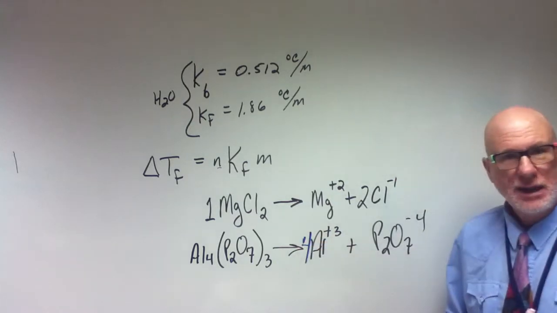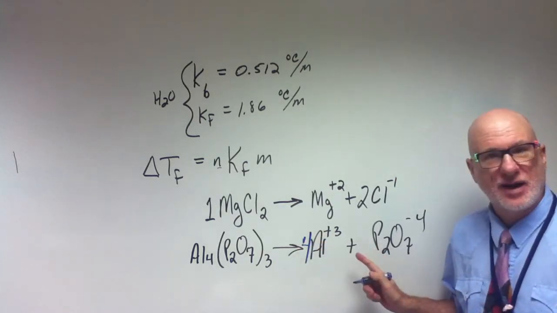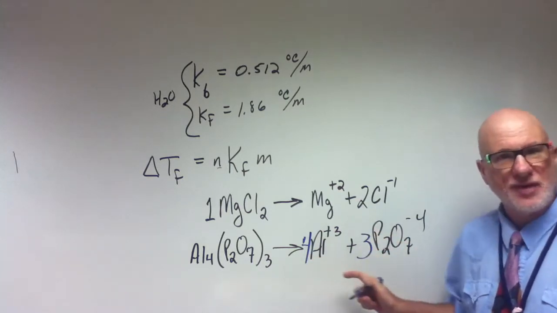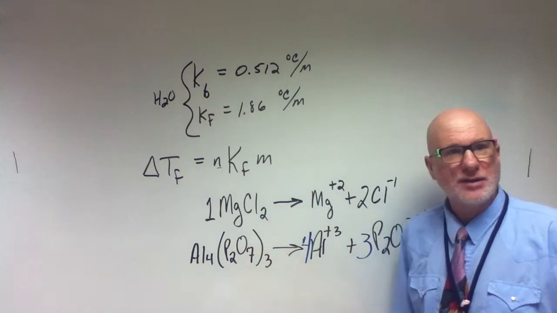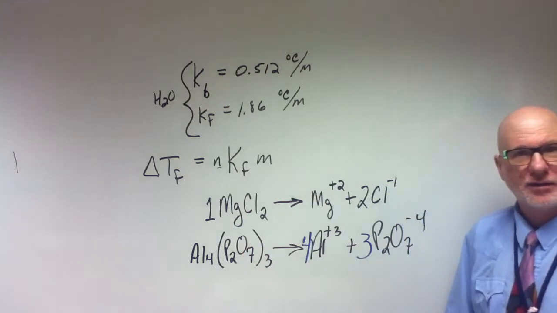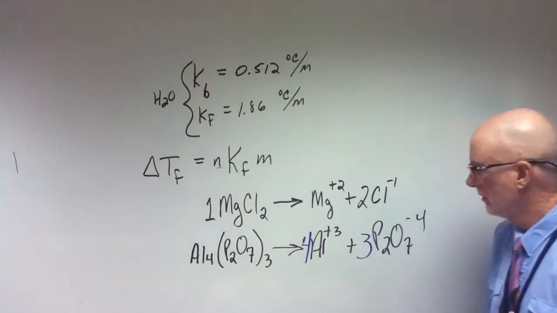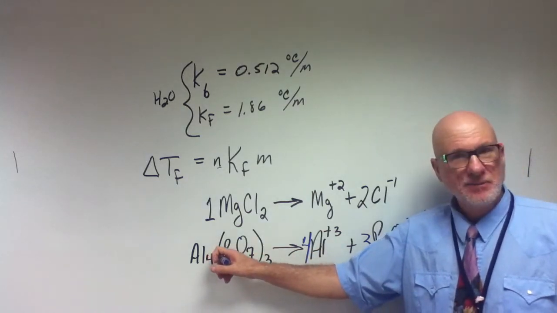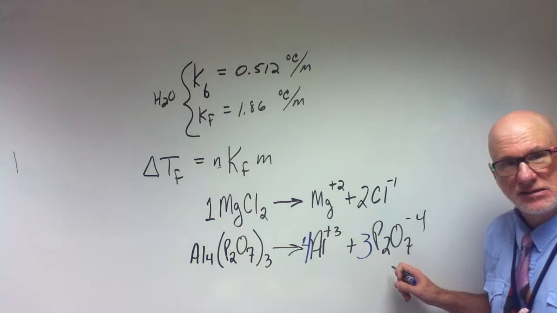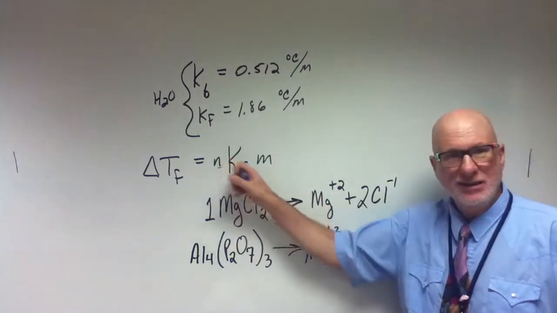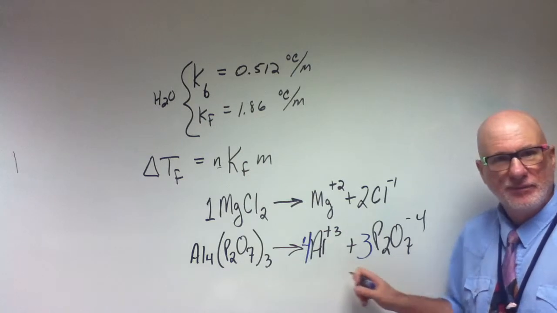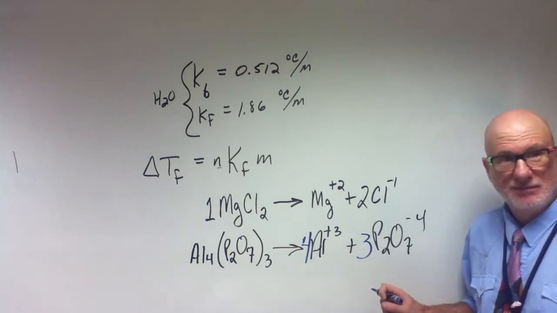And how many moles of pyrophosphate am I going to have? I'm going to have 3. So how many moles of ions am I going to have? 7. So if I have 1 mole of this, I'm going to have 7 moles of ions. So what would N be? 7. N would be 7, right?